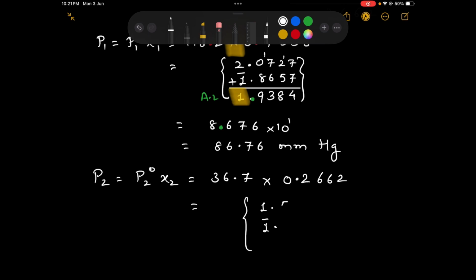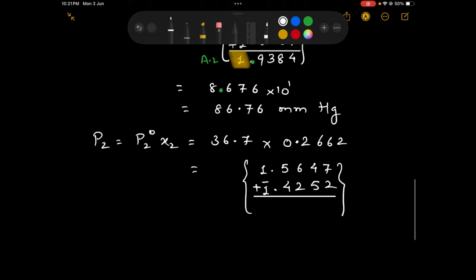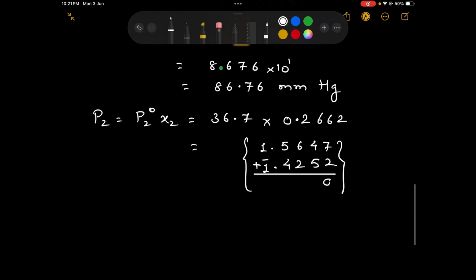Log of 36 under 7 comes out to be 5647 and log of 26 under 6, mean difference 2, comes out to be 4252. Now since there is multiplication, let's add these two numbers and what we get is 9899, and here we get 1 plus bar 1, that is 0.